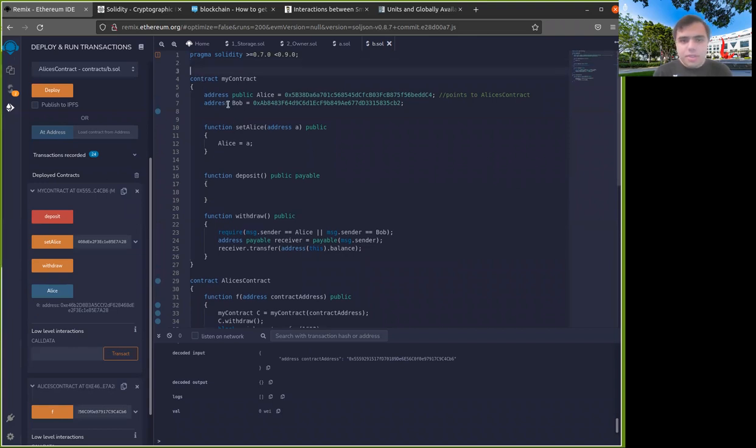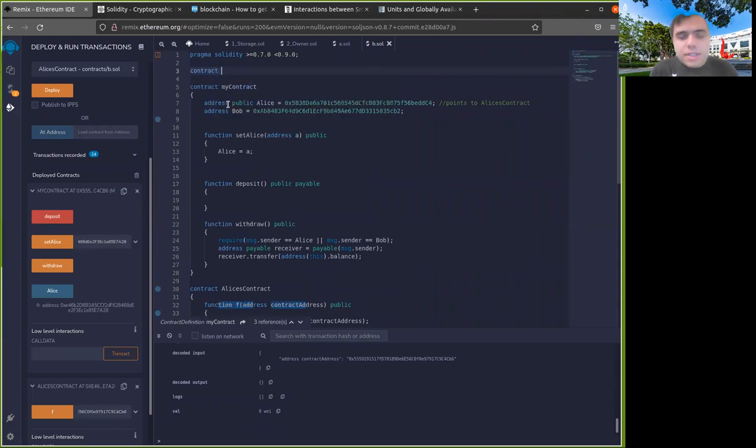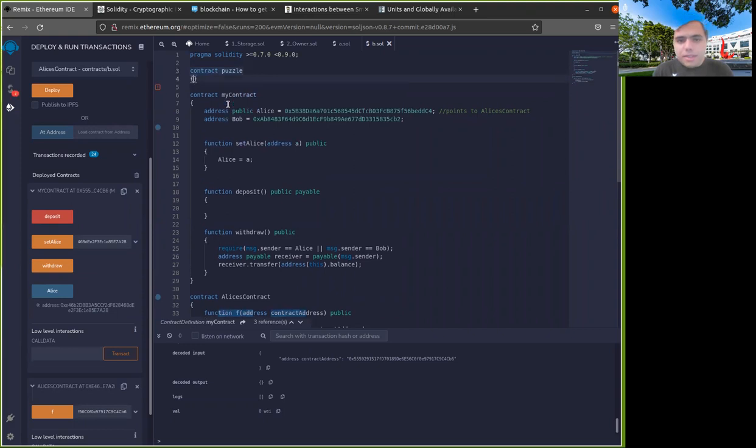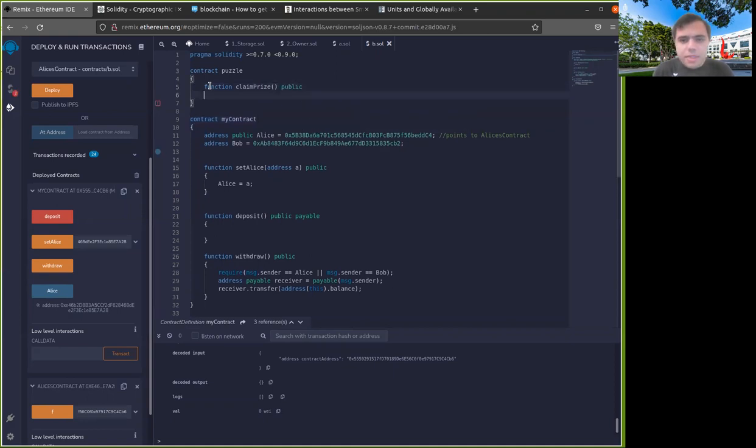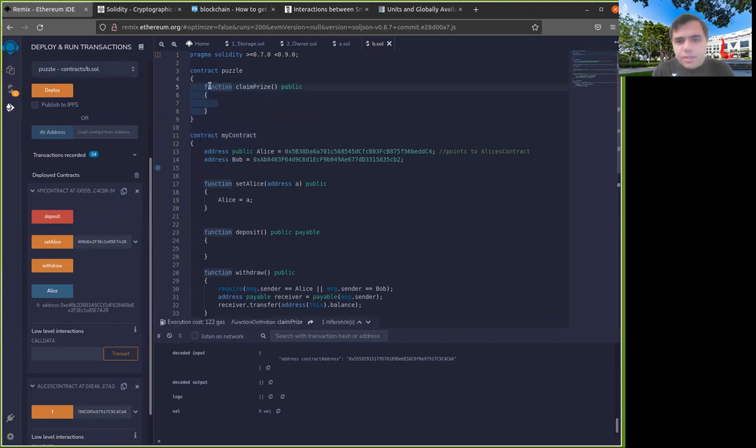Let me create another contract, and let's call this one puzzle. This is the very first contract that we saw before. I can have a function that is called claim price, and let's say it's public. The idea here was that I have a string X. I have to actually write it like this in the new versions.